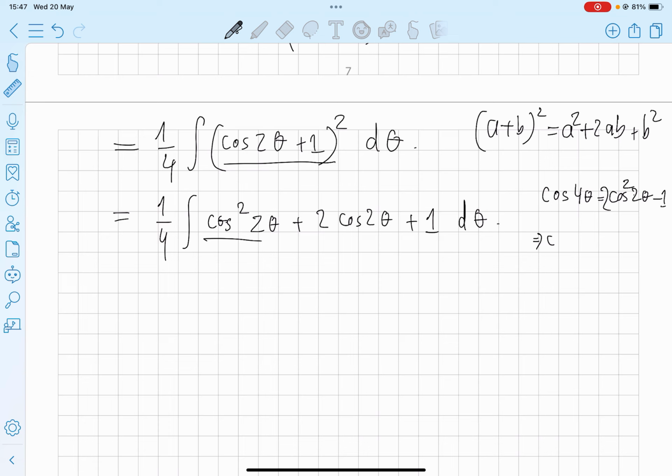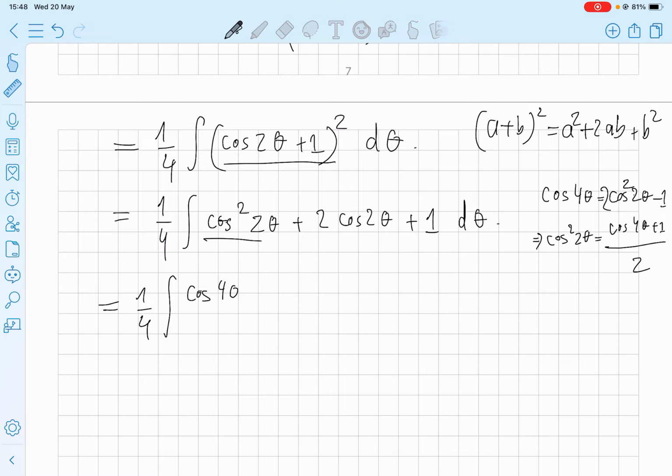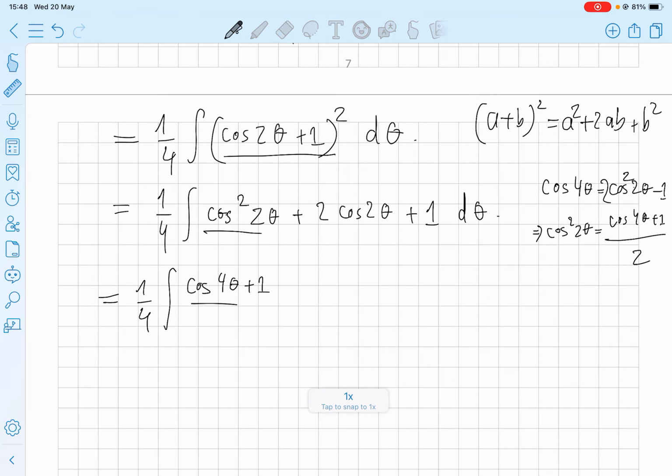Isolate cosine square of 2 theta, and it will give you cosine of 4 theta plus 1 over 2, and then substitute back into our integral, and it will give you cosine of 4 theta plus 1 over 2 plus 2 cosine of 2 theta plus 1 d theta.